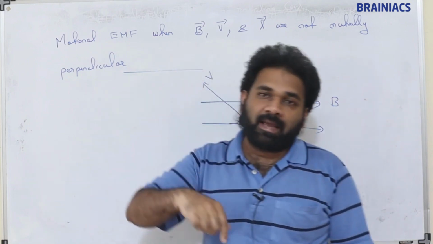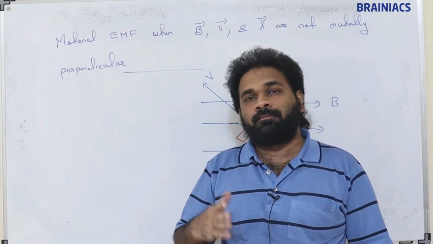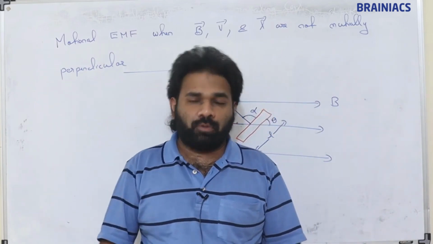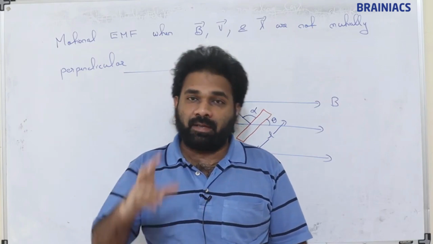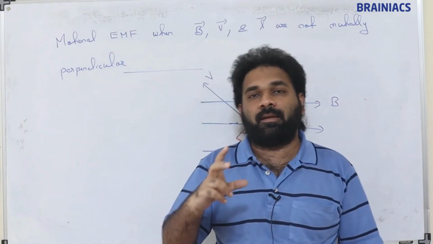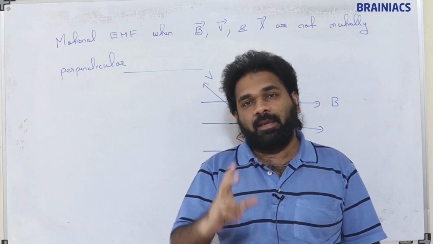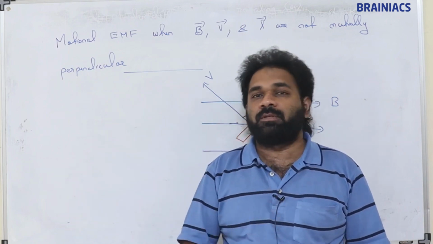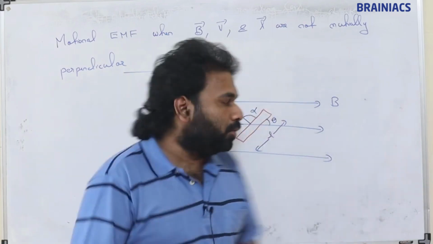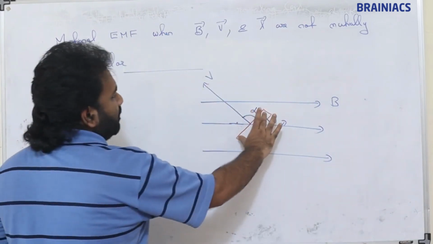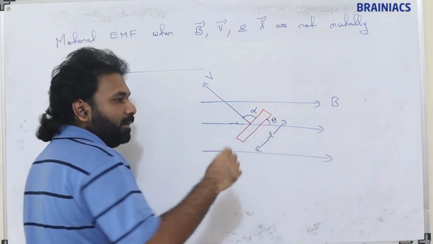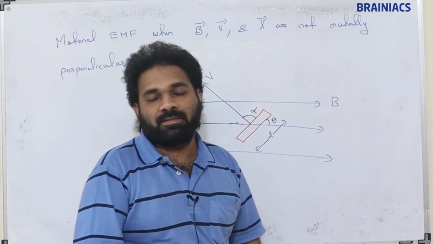In a current carrying conductor, definitely there will be charge movement. Because of that, we have studied that if we keep a current carrying conductor inside a magnetic field, it will experience a force. Now if this is a conductor, definitely this will have charges.